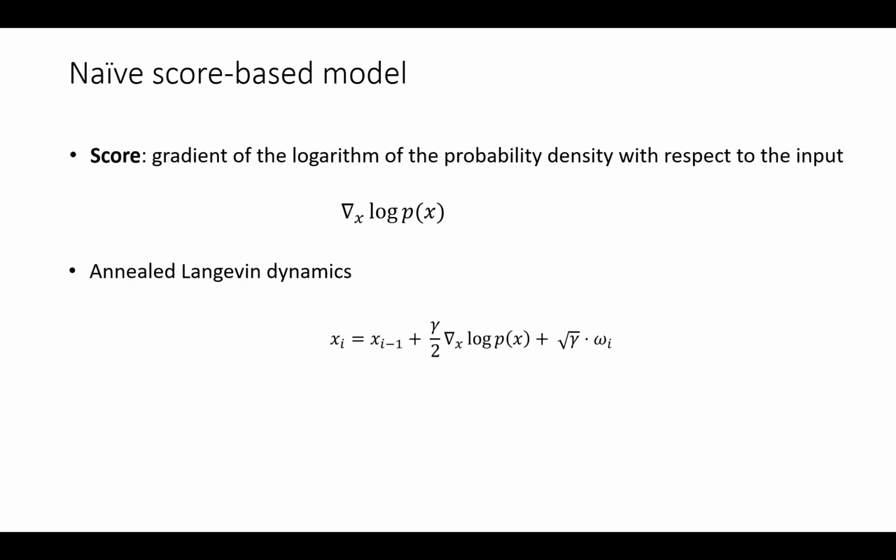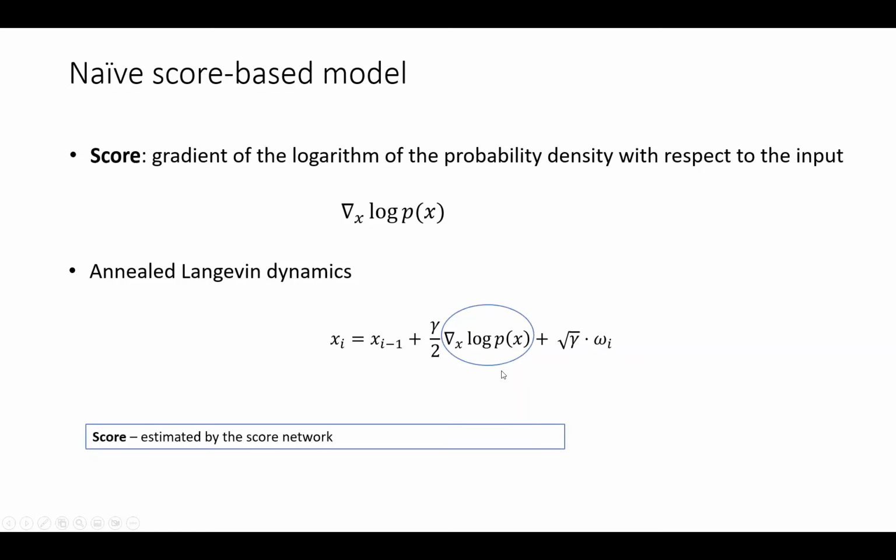What this is showing is that if we know the score function here, then we can get x_i from x_{i-1} by adding this and then this term. So now we'll go through what these terms are. This is our score function, and that's what we're going to train a neural network for.